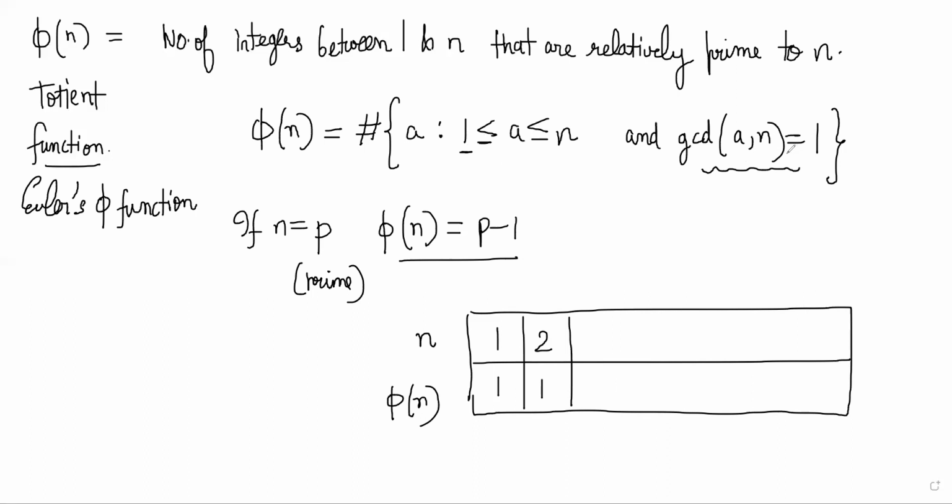And 2 is a prime, so it will be p minus 1. When n is 3, it will be 2. When it is 4, what will it be? 1 and 3, so 2. For 5, it will be 4. For 6, it will be 1 and 5, so 2. So you can figure out what n and phi of n is.